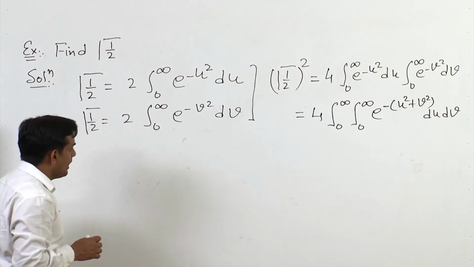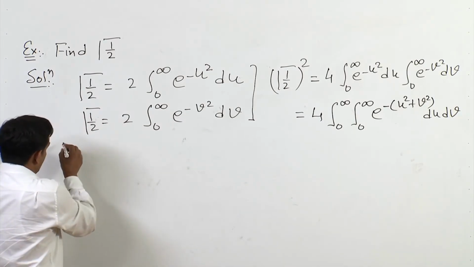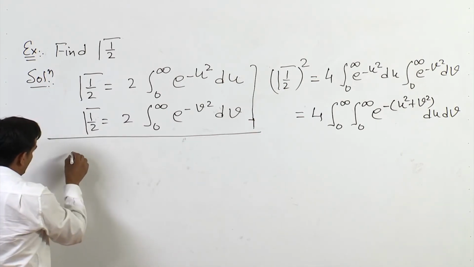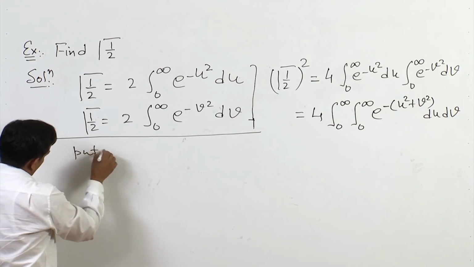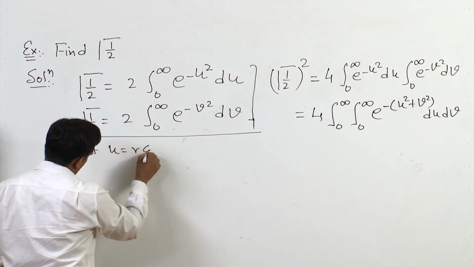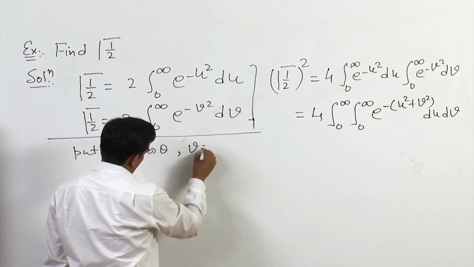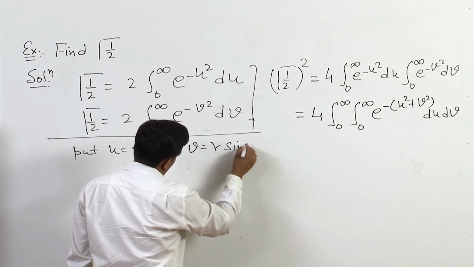What I will do? I will change the variable to polar coordinates. So, what I am doing? Put u equals r cos theta and v equals r sin theta.